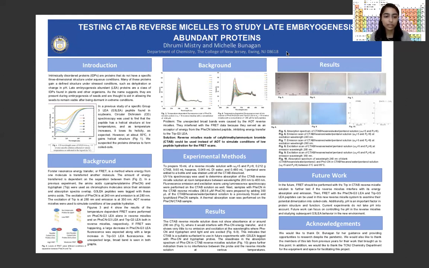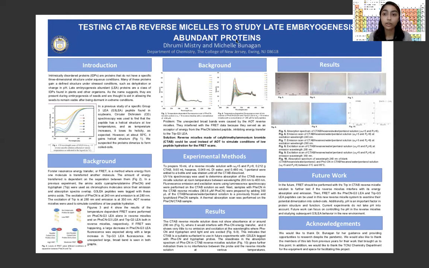And basically, FCN is excited at 240 nanometers and emits at 280 nanometers, and TRP is excited at 280 nanometers and emits at 350 nanometers. So their emission and absorption spectra overlap, which makes them a good pair to use for FRET.